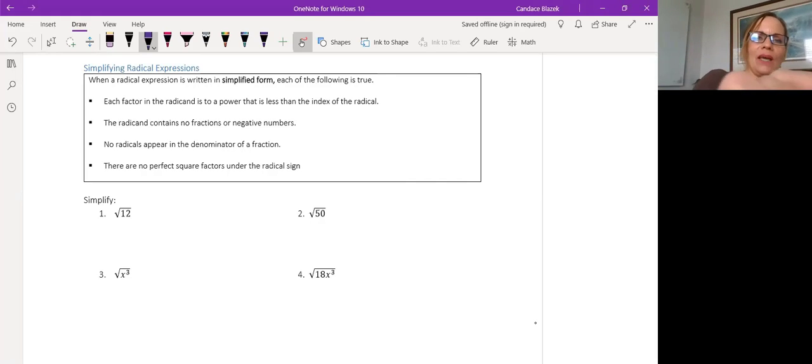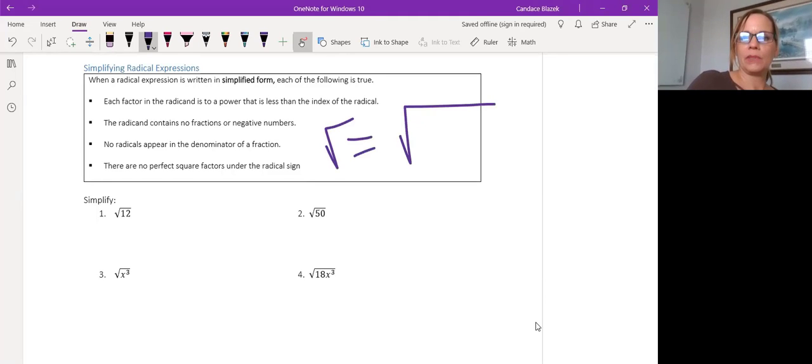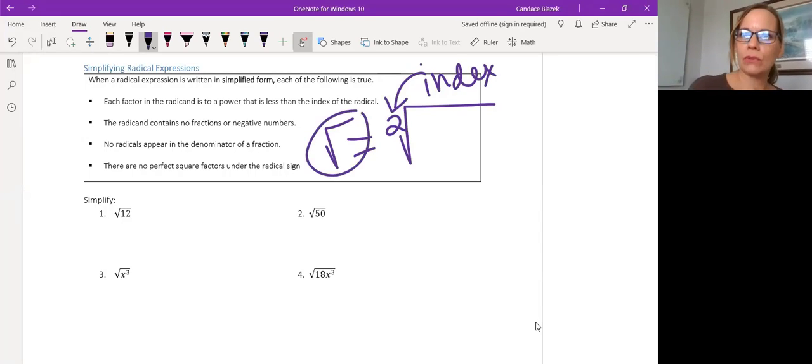Well, when we look at a radical, this is a square root, but we would say that this is equal to the second square root, because you can have cube roots, fourth roots, fifth roots. We look at the square root. This little number is the index. We do not write it for a square root.